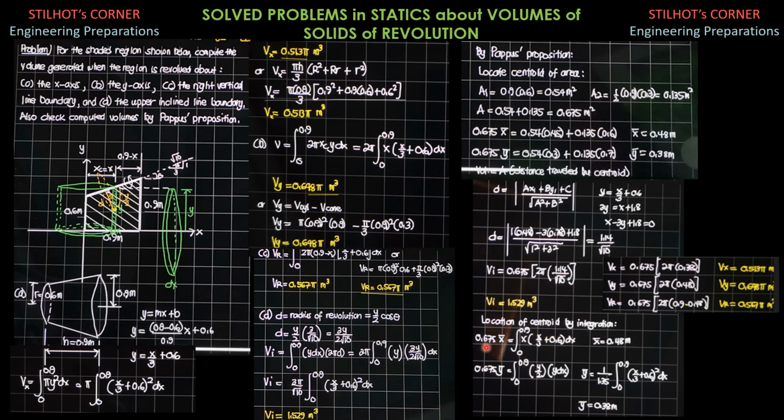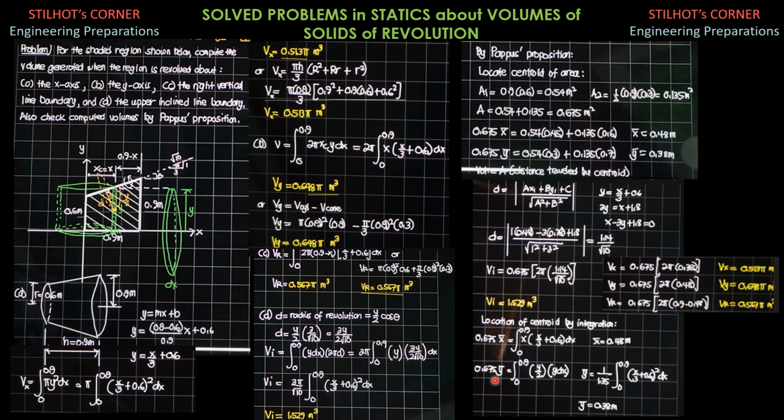So 0.675 barred x is equal to the integral of x sub c dA. So x sub c is just x and dA is y dx. This is y dx. So using your calculator there, barred x is 0.48 meter indeed.